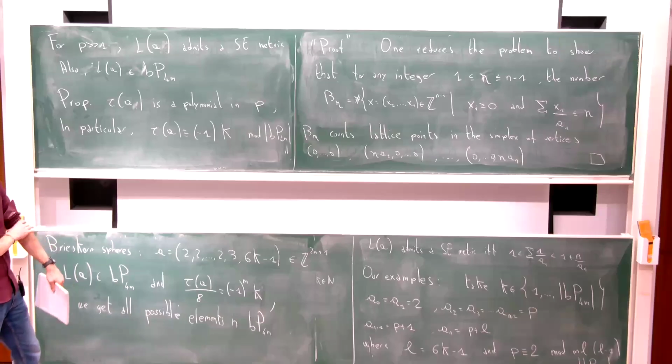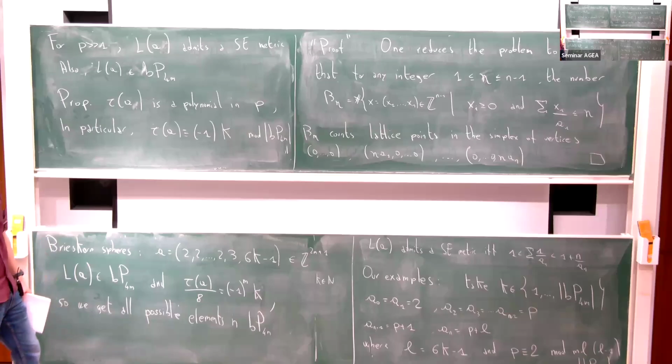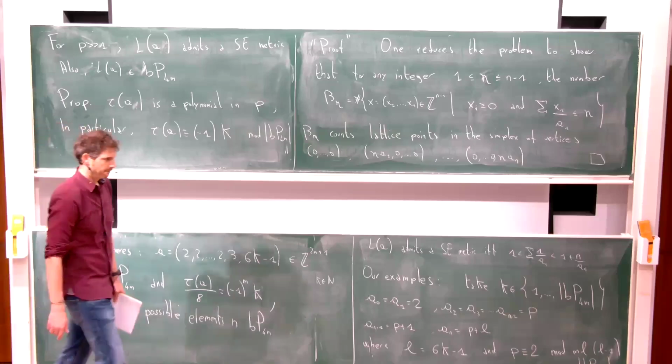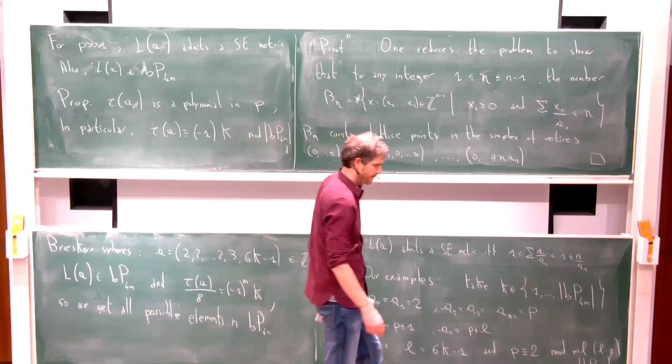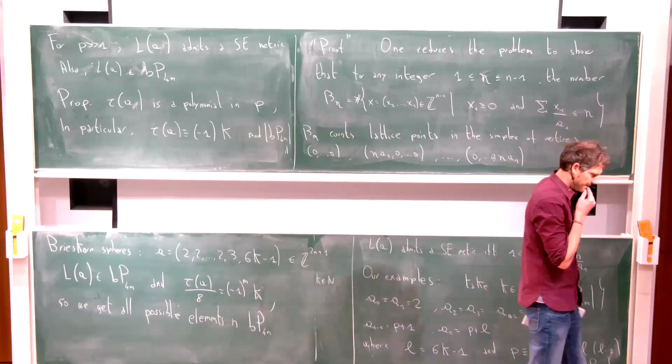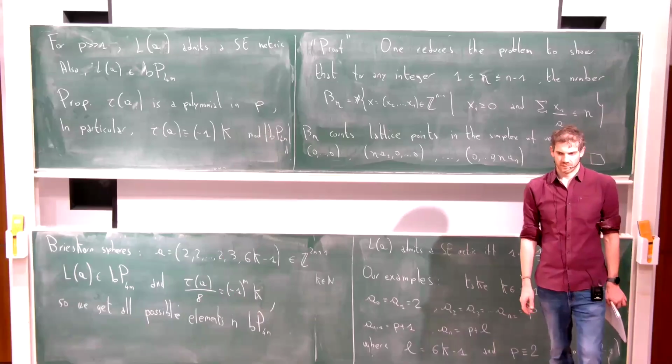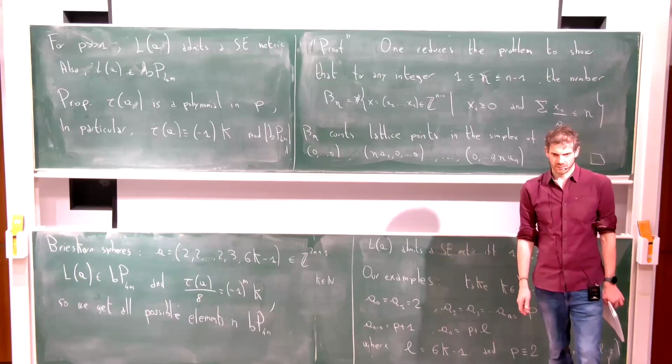Can I ask a question? Can you hear me? Yes. So I try to understand the condition in your main theorem. Suppose a homotopy sphere does have a Sasaki-Einstein metric. Does it mean that it bounds a parallelizable manifold?